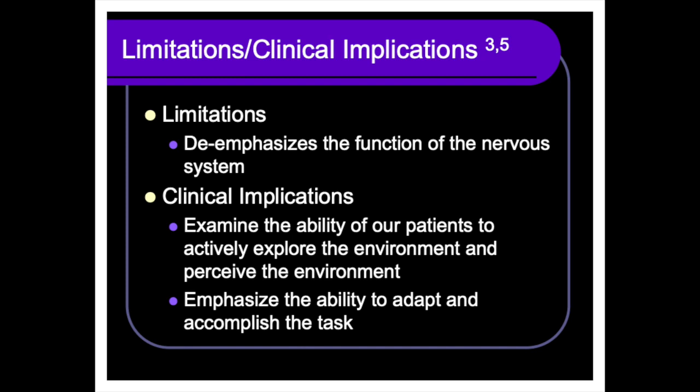And then once you jot down a few ideas, I want you to stop and talk to some classmates and see what they wrote down. And then once you have had a good discussion about it and you think you've got some ideas, I want you to restart the video and we will complete our last theory, discussion of our last theory and how it impacts physical therapy in the clinic.